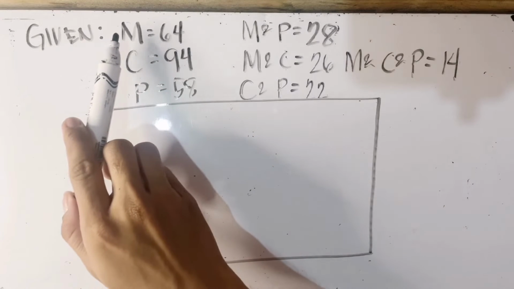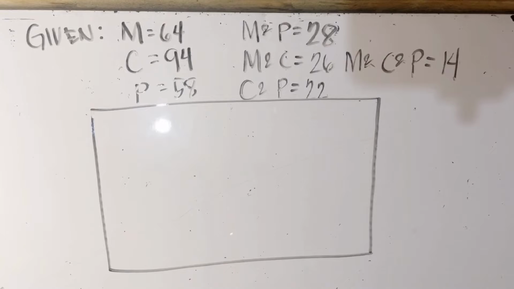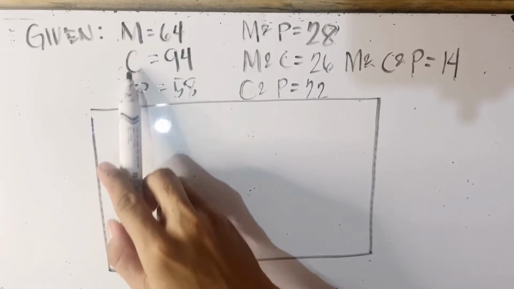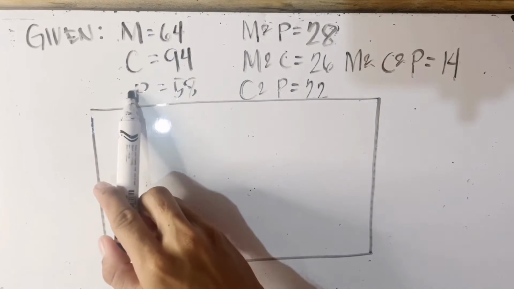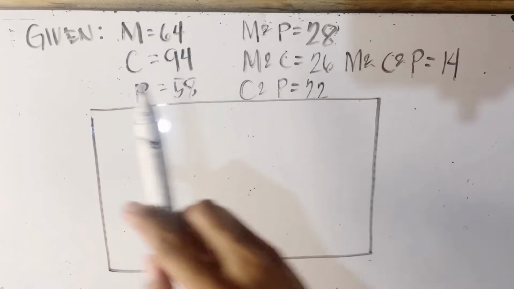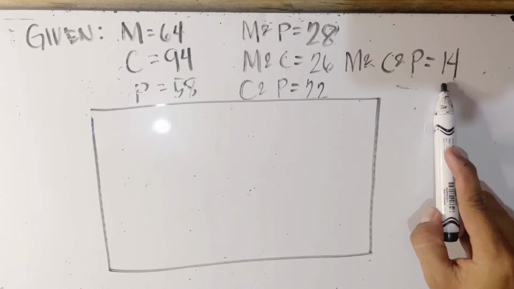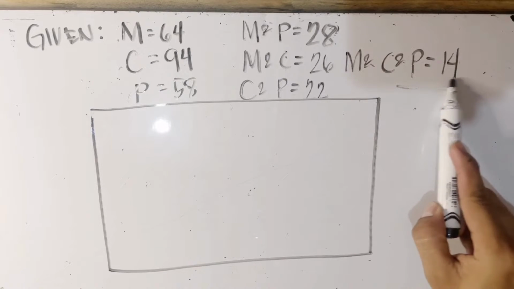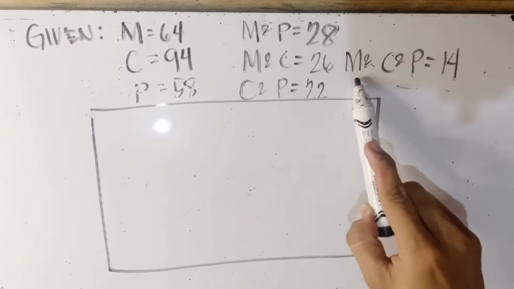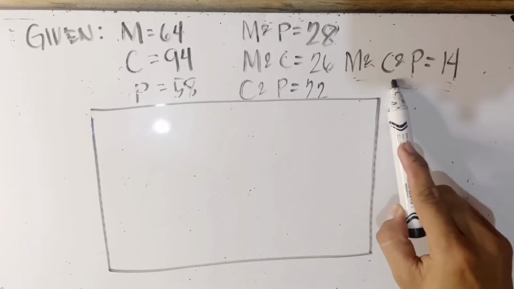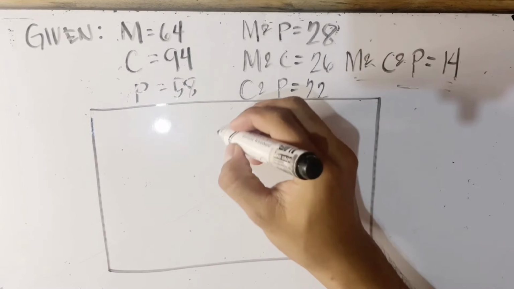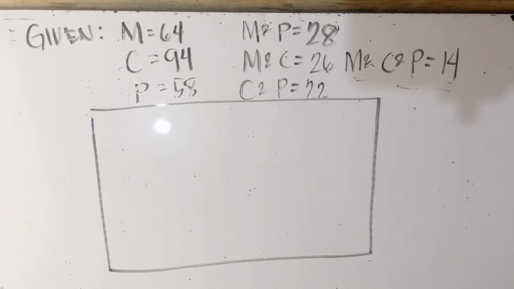Why? Because we have 3 sets, and these 3 sets have common elements. There are 14 students that are common to mathematics, chemistry, and physics. So first, draw 3 circles.